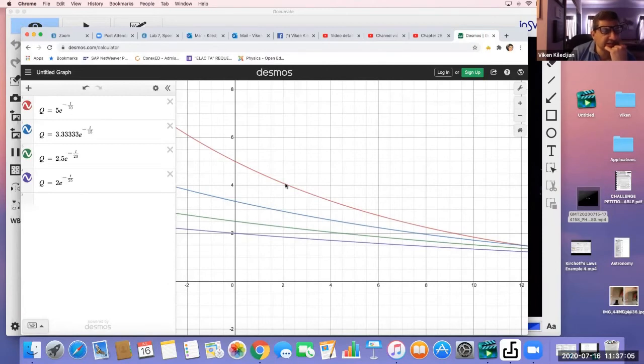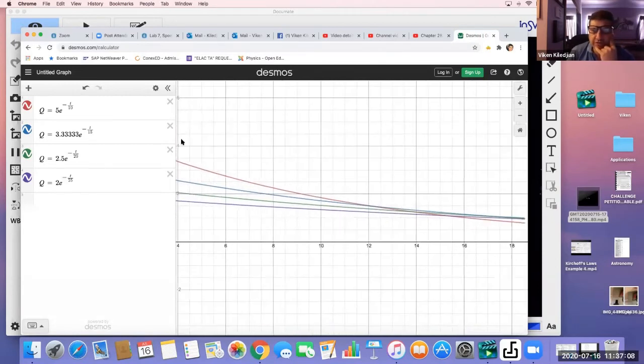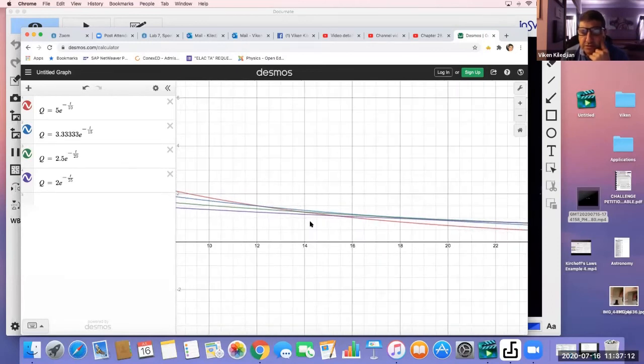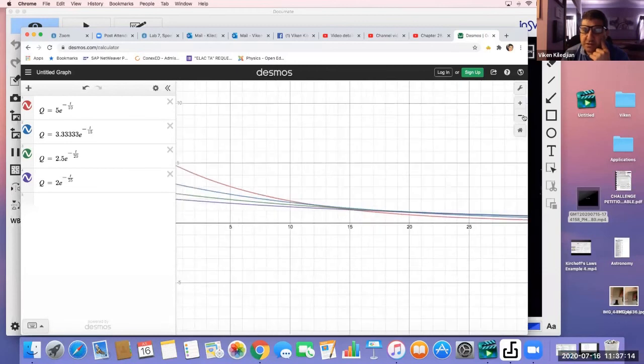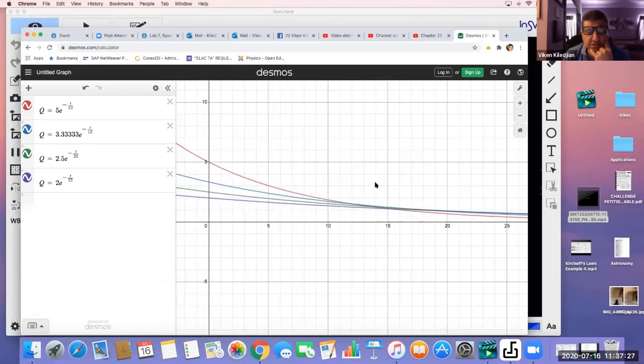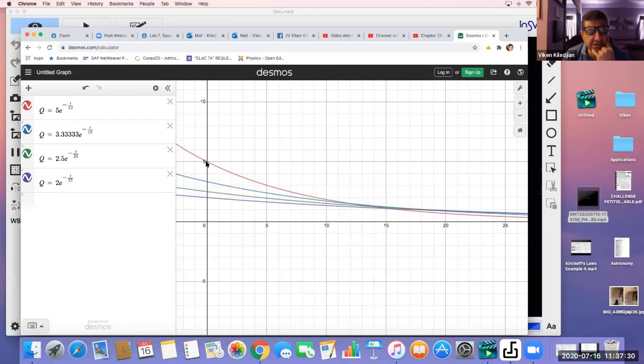They all eventually crisscross. Why do they crisscross? The other ones didn't crisscross. This one drops faster. See here, the current starts high, but drops faster for this guy.